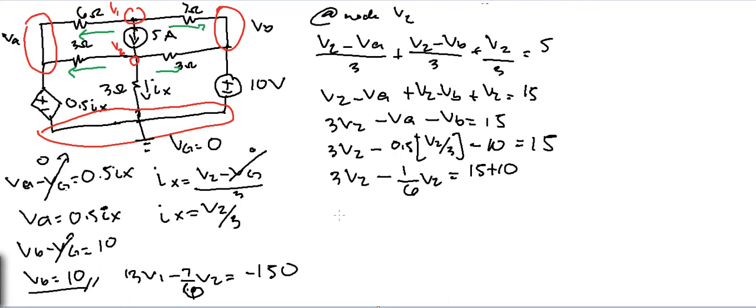We have 18 minus 1 quantity V2 over 6 is equal to 25.